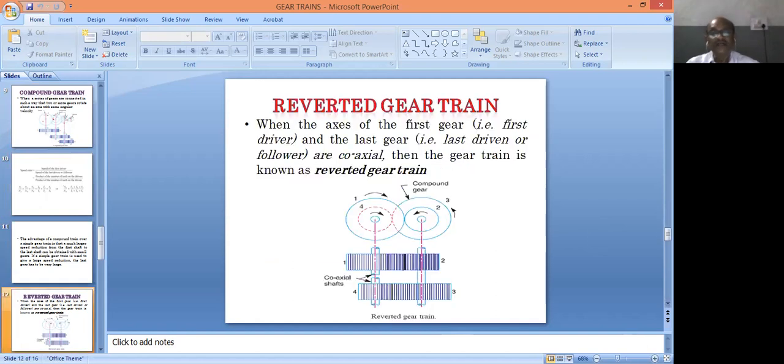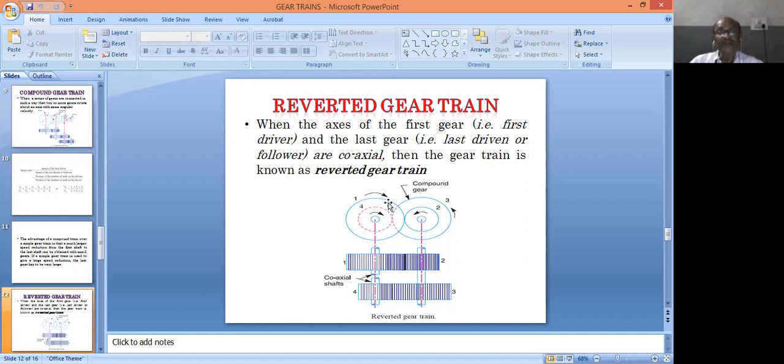And the third one is the reverted gear train. Just look at the diagram: there are two shafts, A and B. The shaft A carries gears 1 and 4, and gear 1 meshes with gear 2.